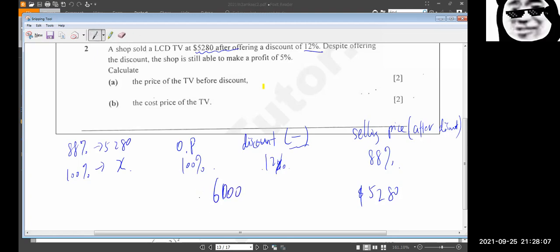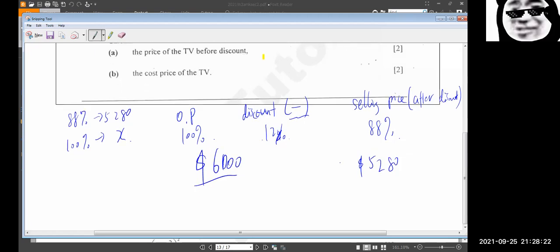And for this, it says the shop is still able to make a profit of 5%. So what do you understand by the profit of 5%? Just to give you a very simple example. Let's say the iPhone 13, which was just recently launched.